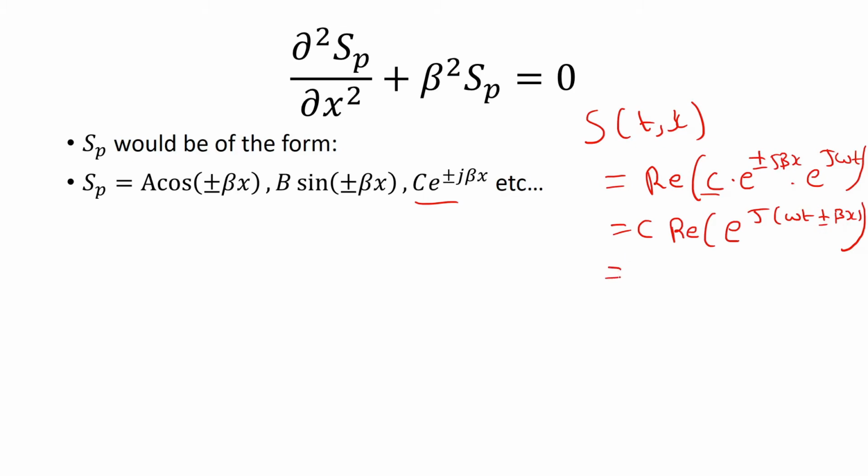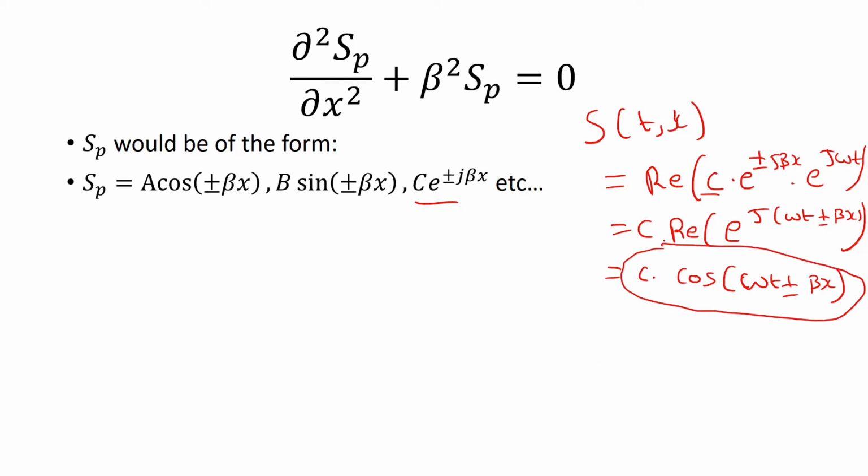So the real part would be c times cos omega t plus or minus beta x. So this is the time domain version I would be getting from this phasor form.